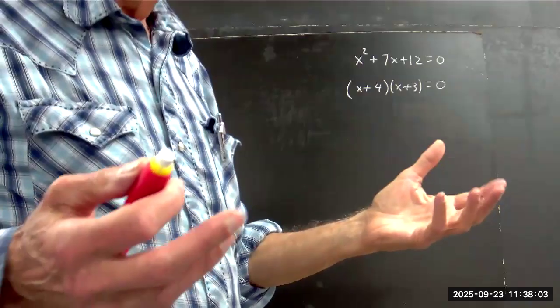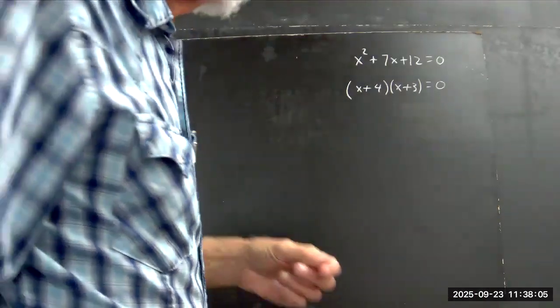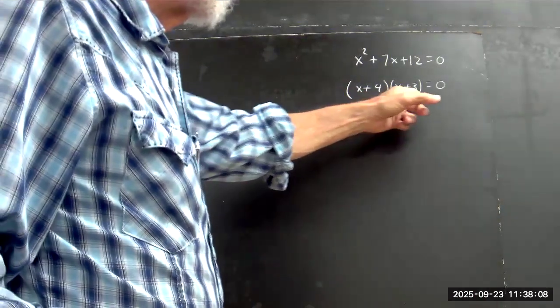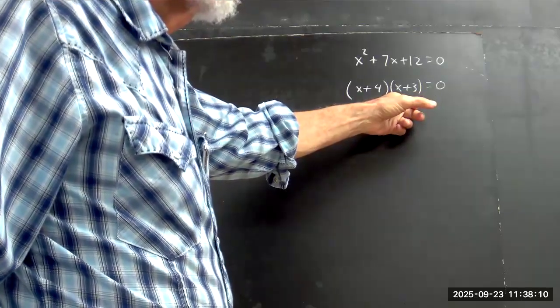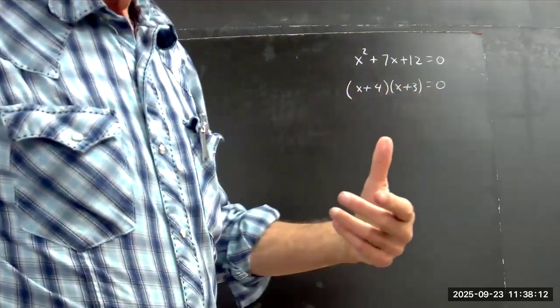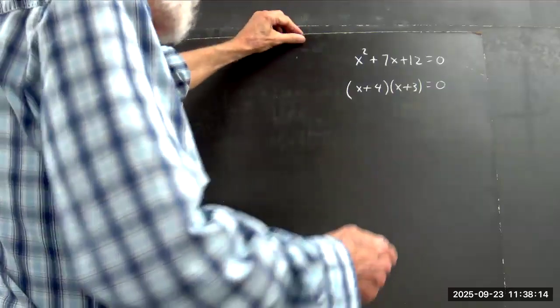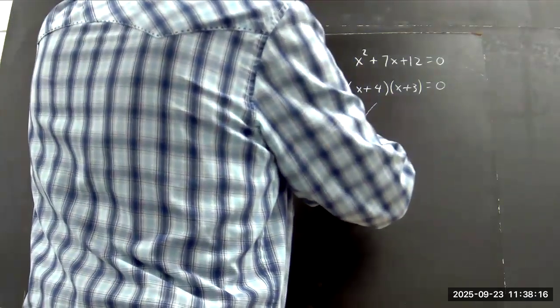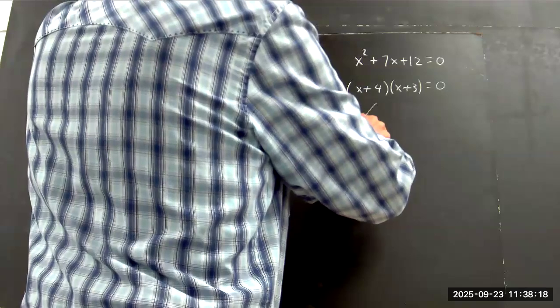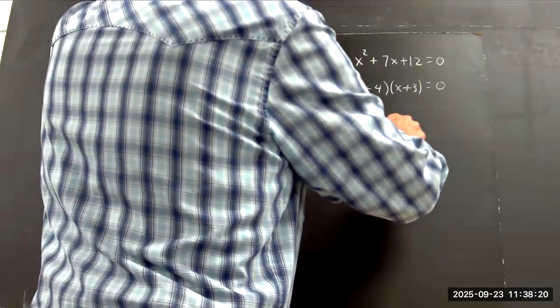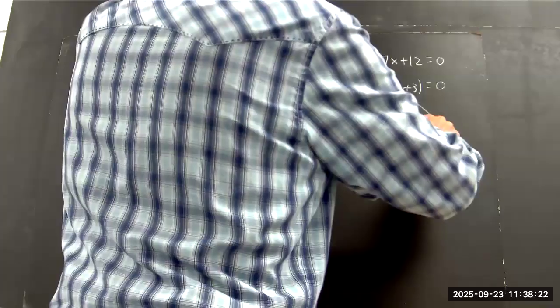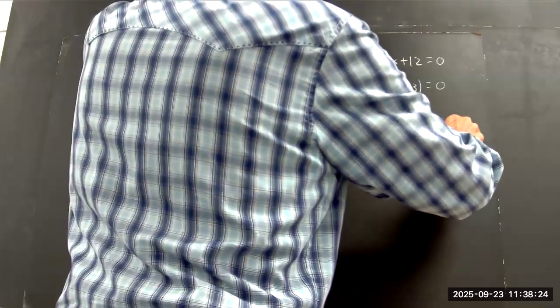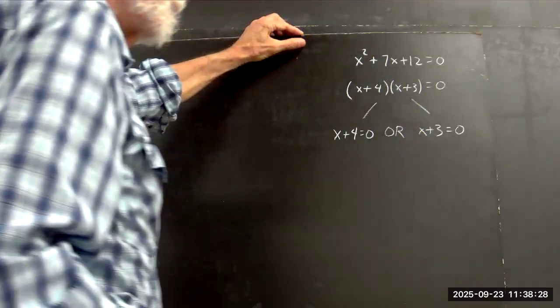Now, any two non-zero numbers are going to give you something besides 0. So whatever number this is and whatever number this is, one of them's got to be 0. So this splits. x plus 4 equals 0 or x plus 3 equals 0.